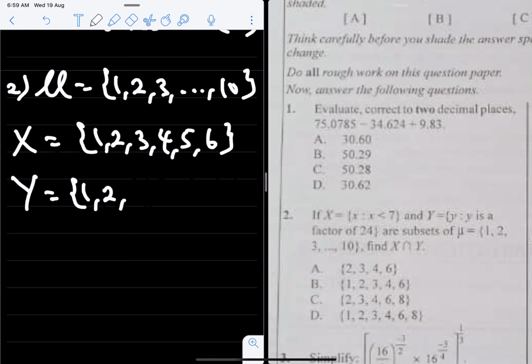The elements of Y would then be 1, 2, 3, 4, 6, 8.